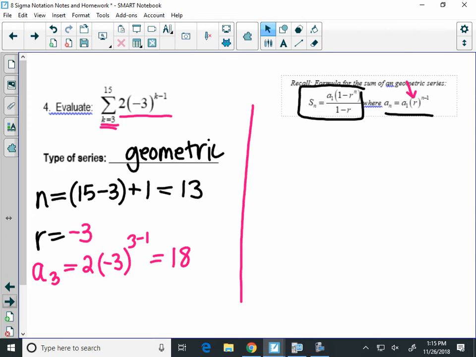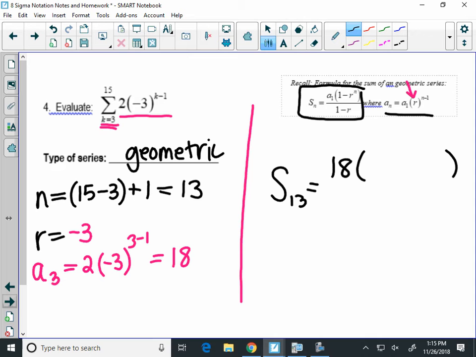So to find the sum here, I'm going to use the sum formula. S sub 13. We're finding the sum of 13 terms. So here's where you need to be really careful, like we talked about last week, with the sum formula. I start with the first term, which is 18. Now in your parentheses, you have 1 minus the common ratio. Remember, when you have a negative common ratio like we do, that common ratio needs to go in parentheses.